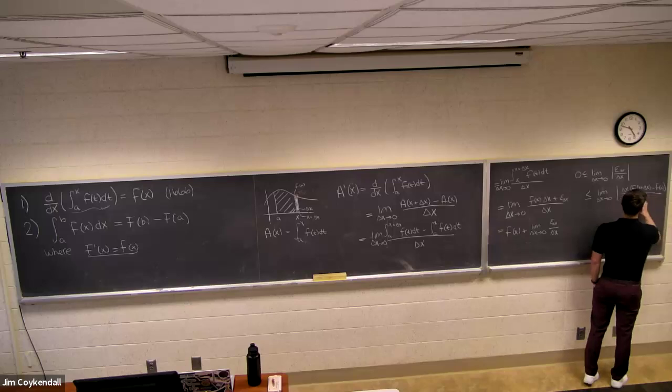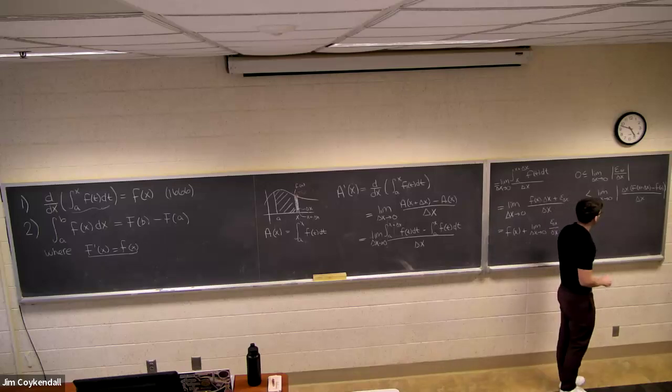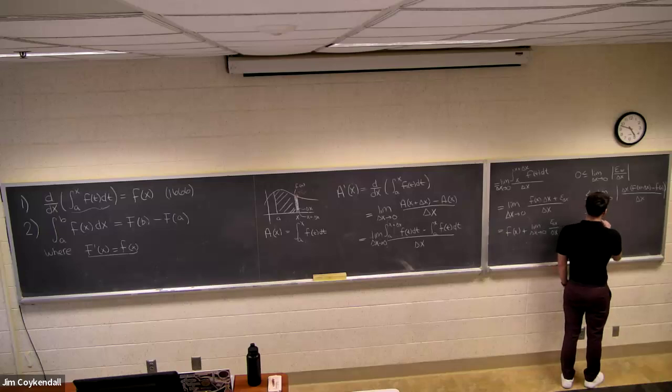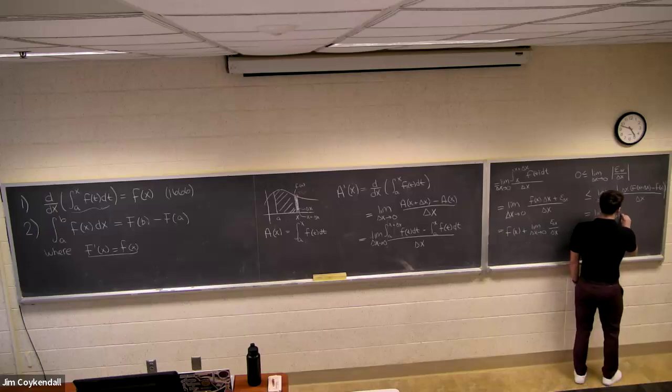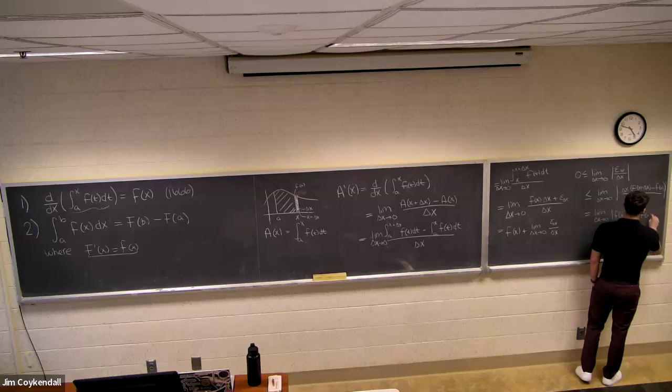That's the height, over change in x. Right, good. Well, so this is equal to the limit. We can cancel out that change in x again. The absolute value of f of x plus change in x minus f of x.